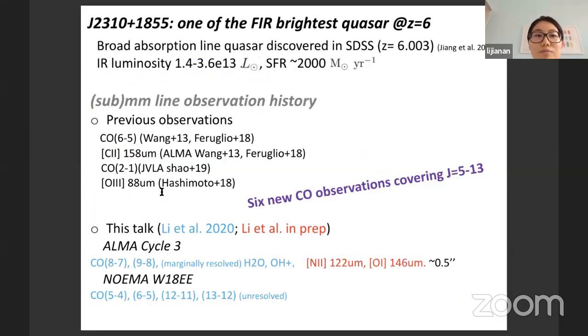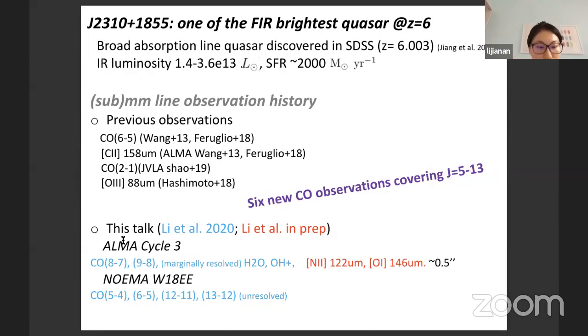So then we start a case study of one of the far infrared brightest quasars, J2310 at redshift 6. This quasar is very interesting, and it has been detected in the low-J to mid-J CO transitions, the C+ line, and also the oxygen 88 micron line.